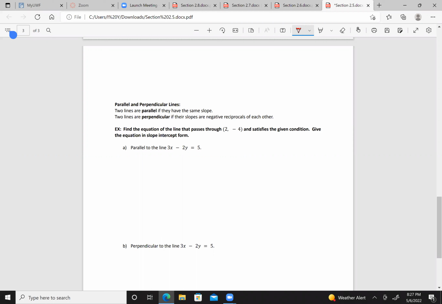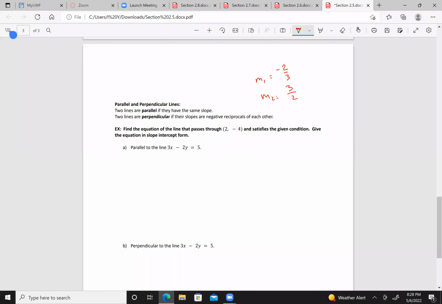So that means if the slope of the first line is, let's say, -2/3, then the slope of the perpendicular line would be 3/2. Essentially, you flip it and you change the sign.